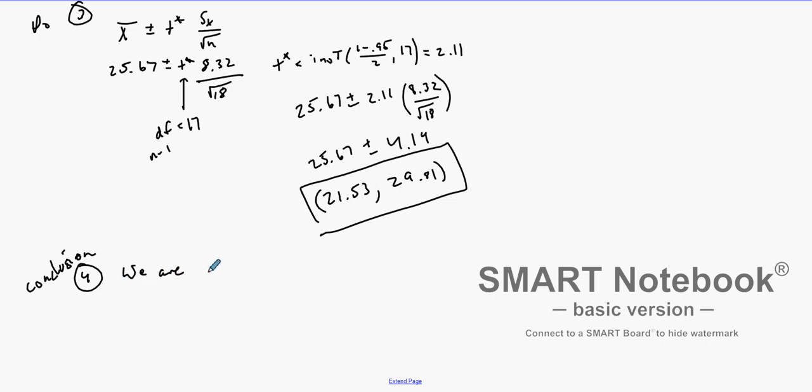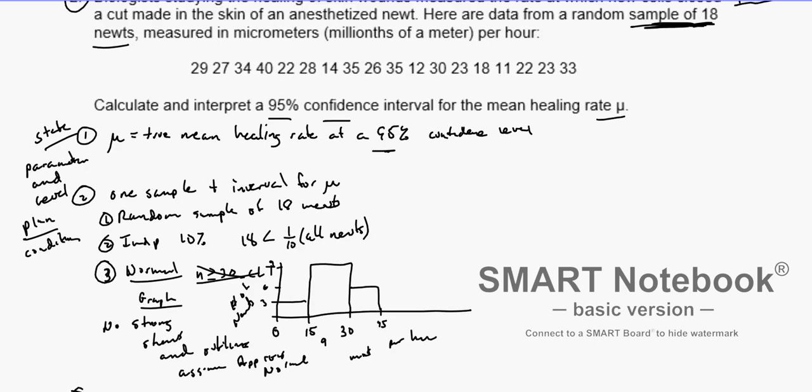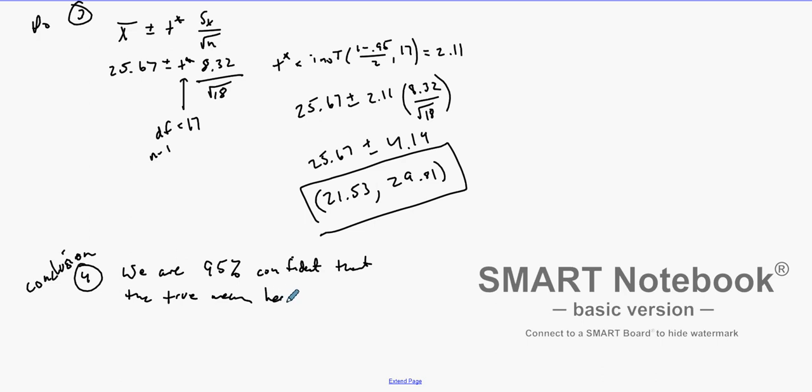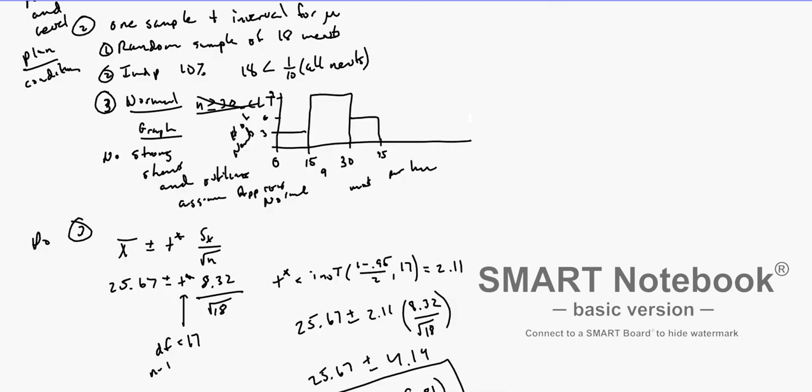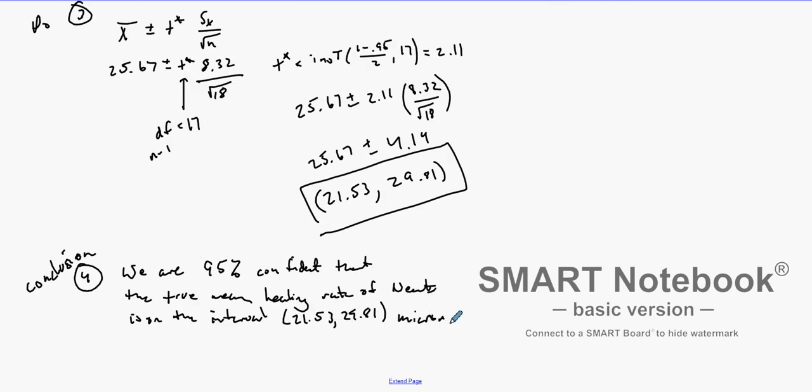We are 95% confident that the true mean healing rate of newts is on the interval 21.53 to 29.81 micrometers per hour. And that's what we concluded.